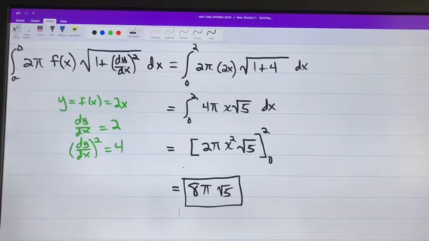Now, if I'm looking at the determination of the area of surface generated about the y-axis.